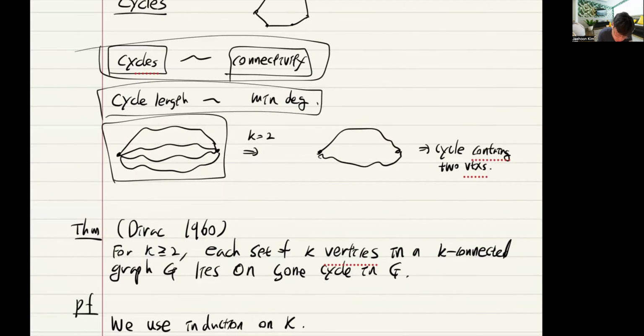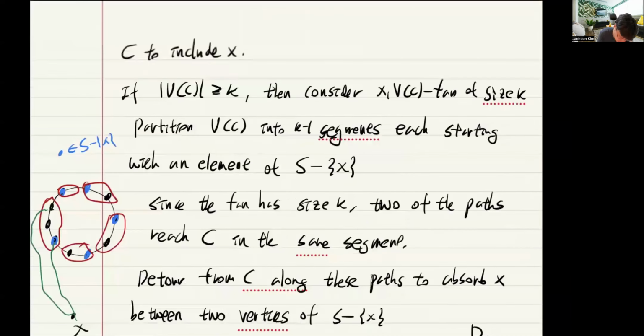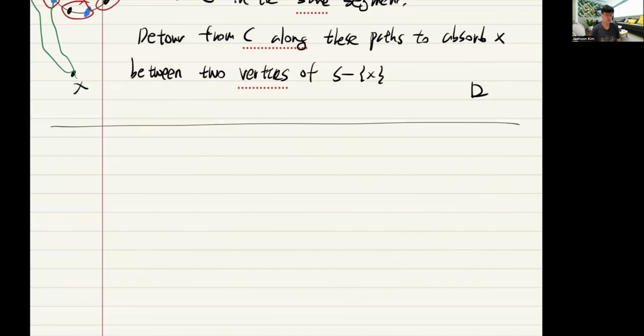And now we come back to cycle length and minimum degree. So what is the longest possible cycle length? If you have n vertices, then the longest cycle you can hope for has length n. We give a name to such a special cycle.